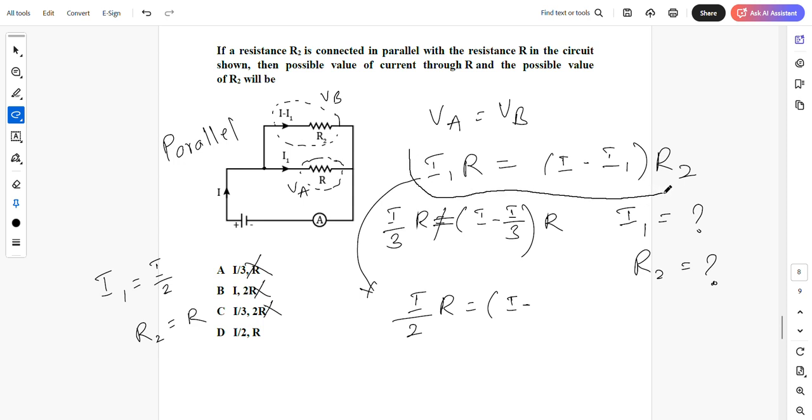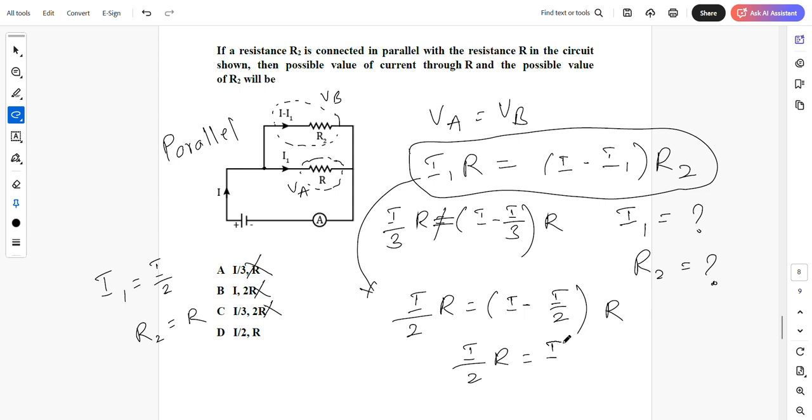This is our equation; here you have to substitute the values of I1 and R2 and check. Substituting the last option: I/2 into R is equal to (I minus I/2) into R2, where R2 is R. So I/2 R is equal to (I minus I/2) into R.